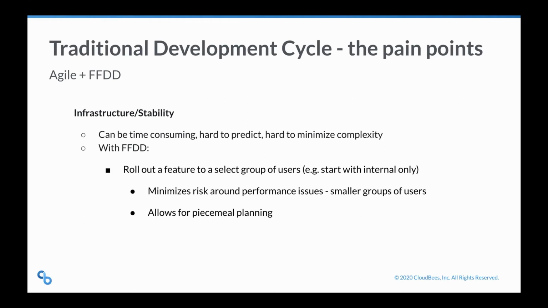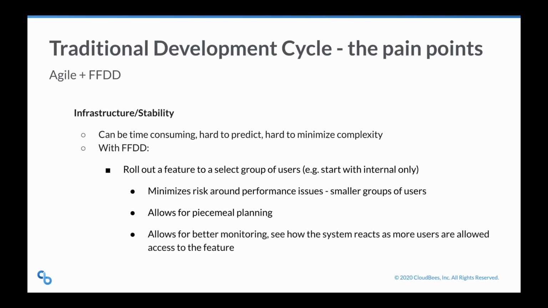So later on, you can slot those buffering pieces in after you get feedback from product, from the customers, from the select group of users that you've exposed the feature to. And of course, it allows for better monitoring. So you see how the system reacts as more users are allowed to access the feature.